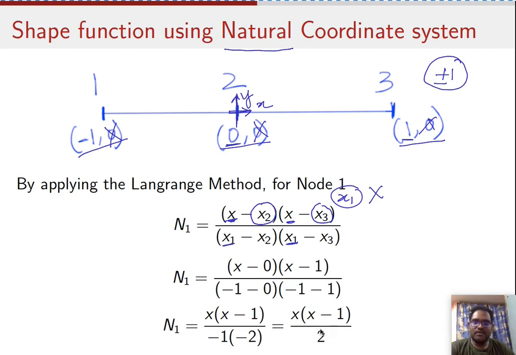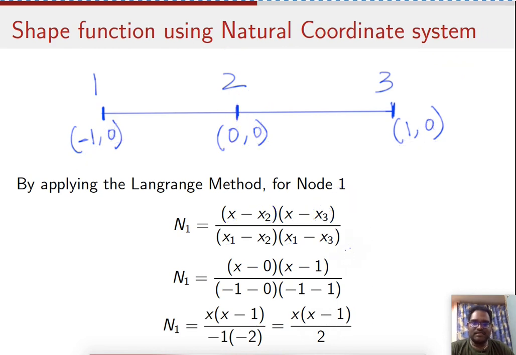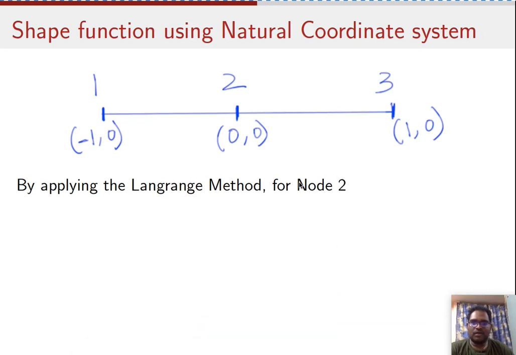Similar to this, we'll also try to find out the shape function of the second node. Once we are looking into the second node, here again, as we stated earlier, only x will be considered, the y term will not be considered.